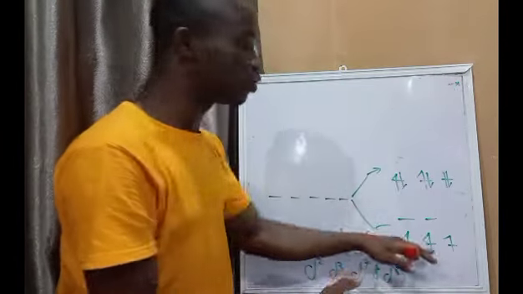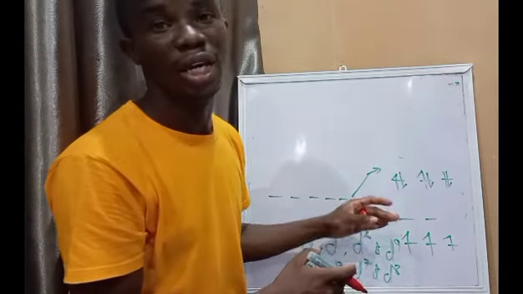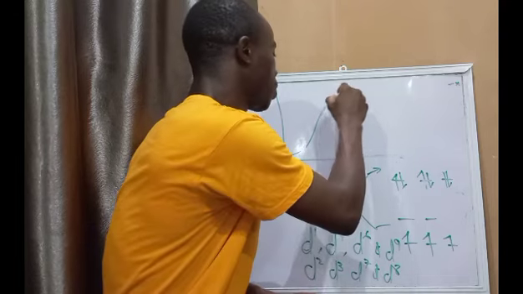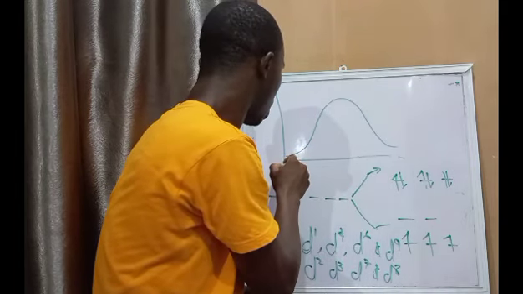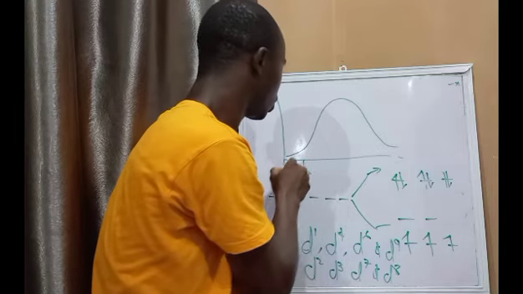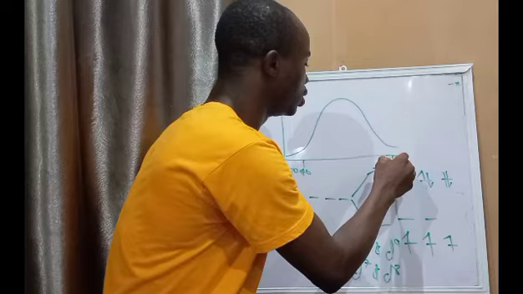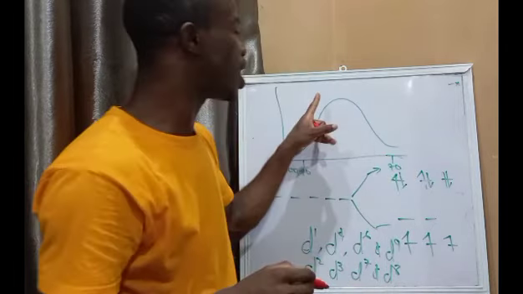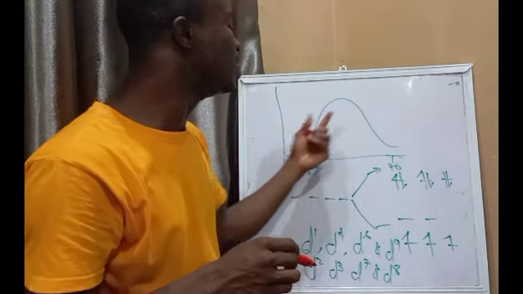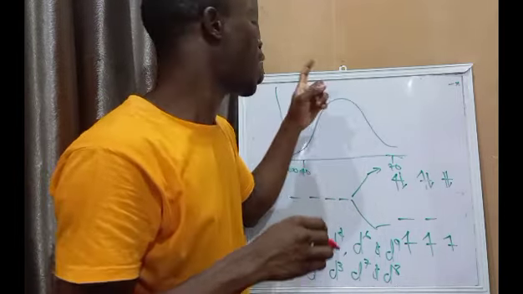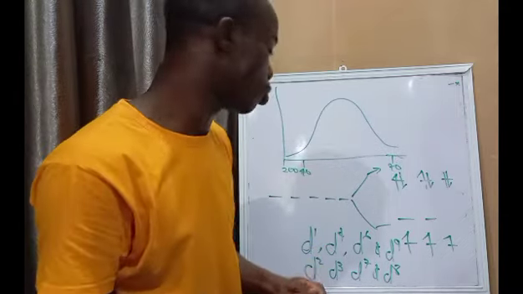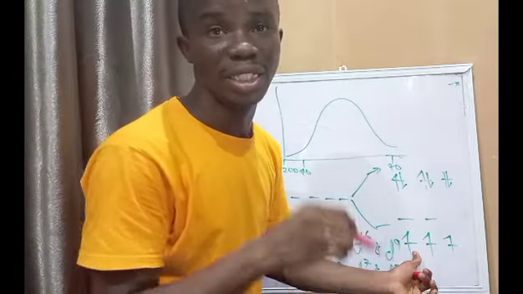For this first set of d ions, the UV visible spectrum will be something like this. Let's say this is around 200, this 400, and this is our 700. You can see that here you have just a single absorption band within the visible region, and that is what you can have in a UV visible spectrum of this first set of d elements.